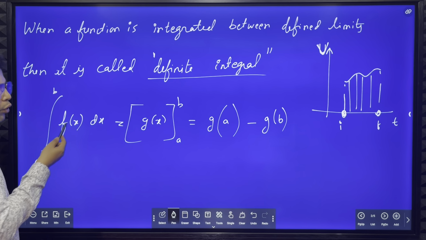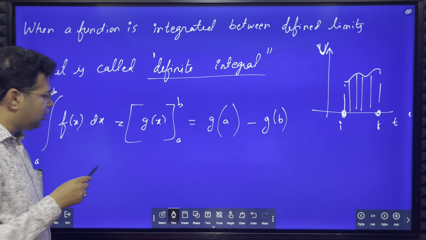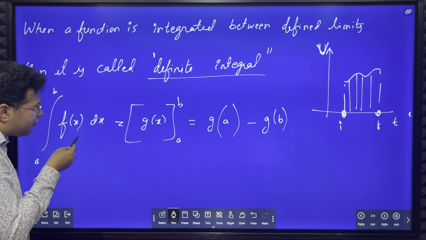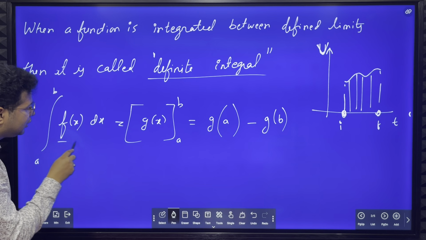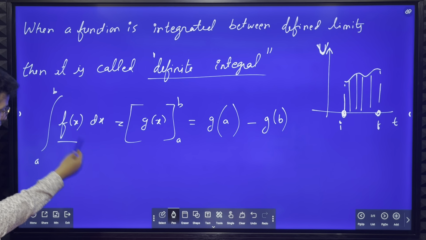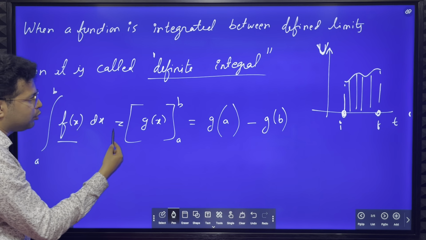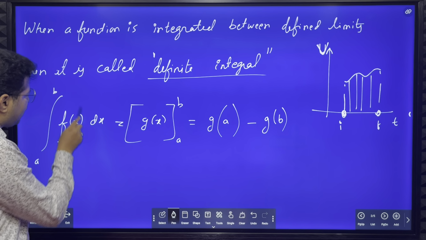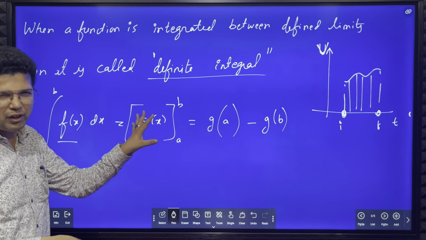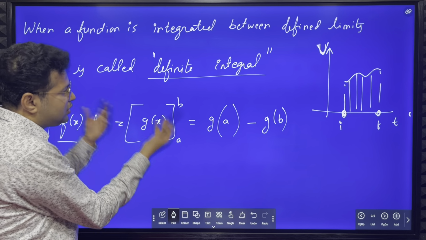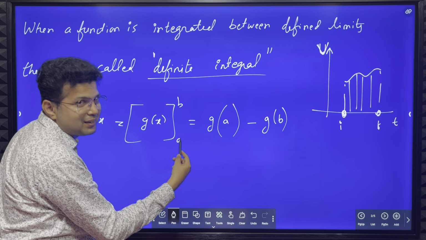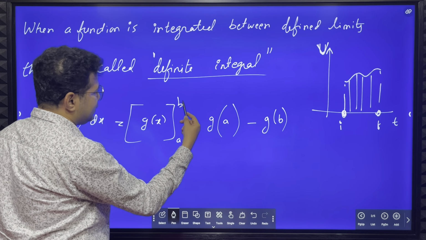Say you want to integrate some function f of x. Integration of f of x with respect to x between the limits a and b is equal to g of x, meaning you integrated f of x and got some function, which I call g of x. Now integration is done, and you write the limits here: lower limit and upper limit.